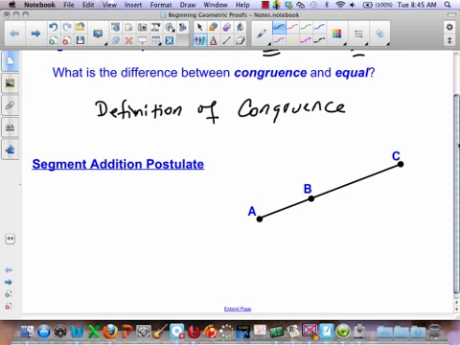So what are my parts? AB plus BC equals AC. Anytime I add the parts and I get the whole, my reason for that statement would be segment addition postulate.